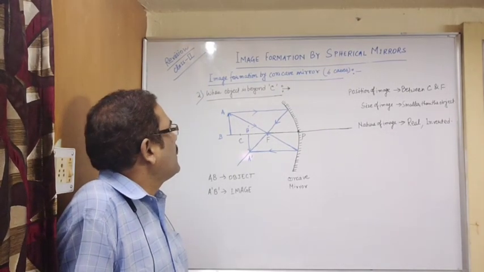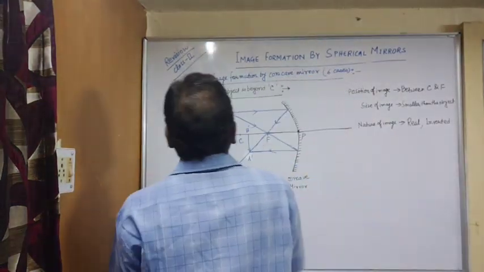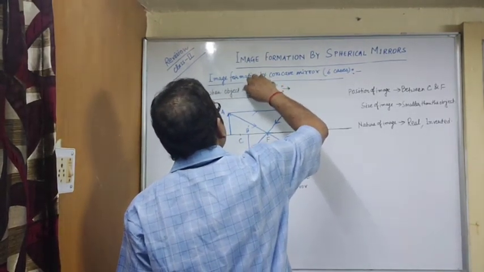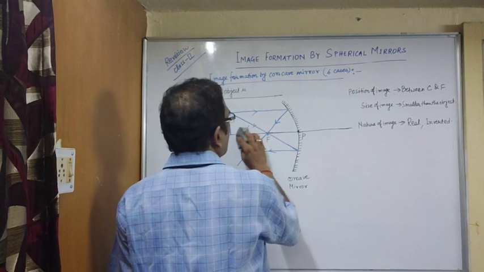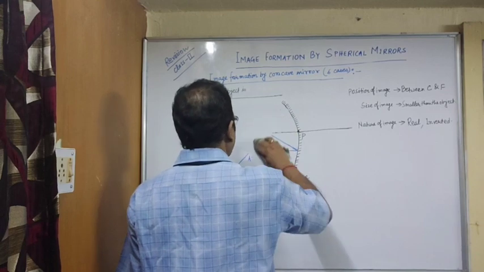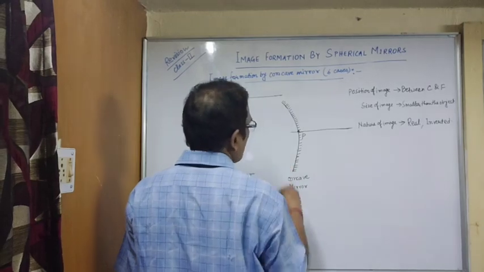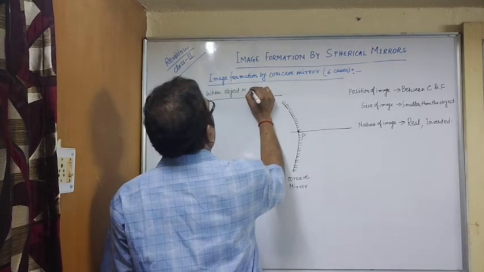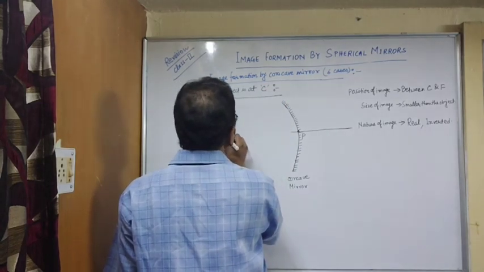So next position will be when object is at C. Third case, when object is at C, it means at center of curvature.